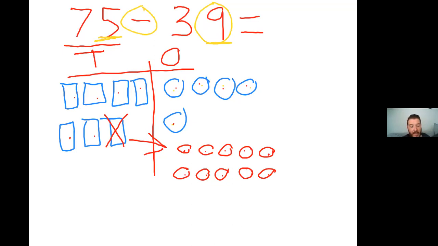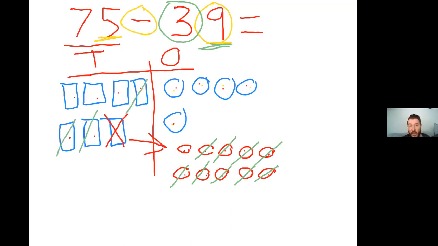Okay? Now, can I take away 9 from 15? I can. So let's do that. 1, 2, 3, 4, 5, 6, 7, 8, 9. So that's my 9 gone. I need to remember to take away the 30, don't I? So how many 10s is that? 3. 10, 20, 30.